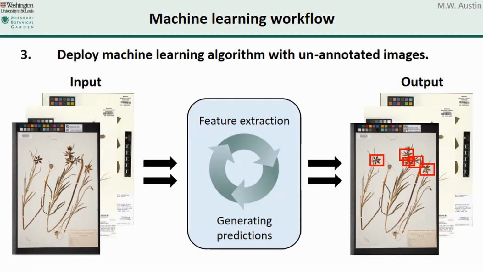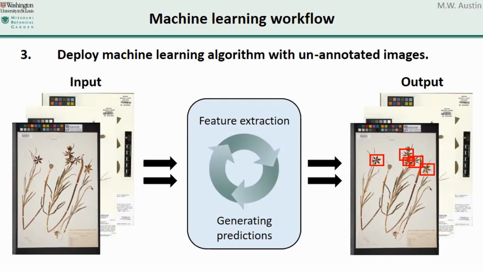So if we think about the example of using machine learning to count the total number of flowers on herbarium sheets, this deployment would consist of providing the algorithm with specimens of digitized herbarium images that have been unannotated, and the model will predict the location and total number of flowers on each sheet.